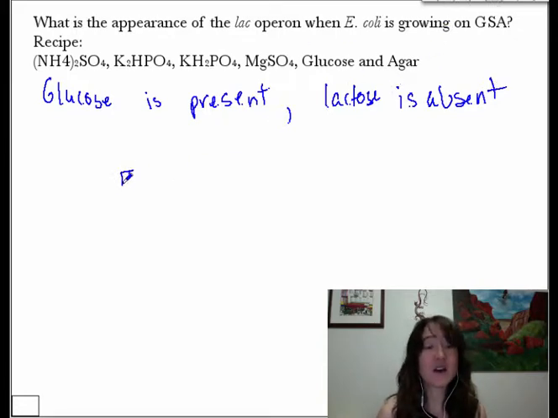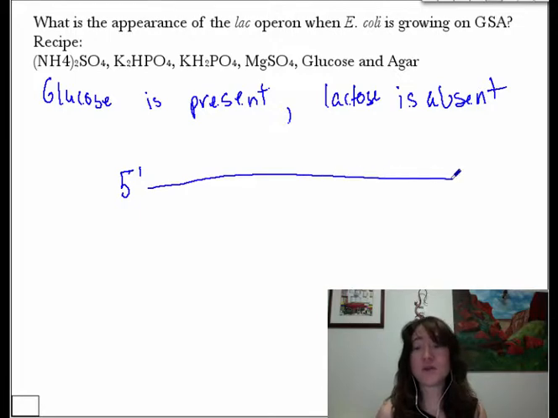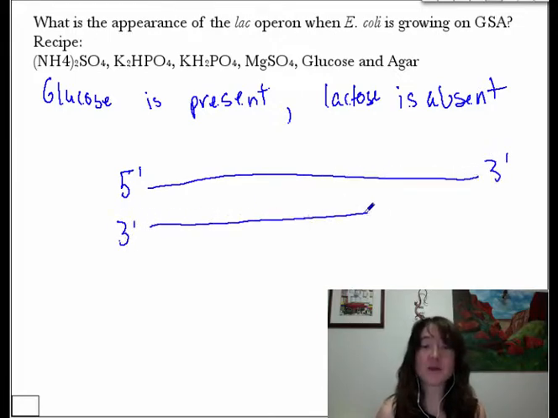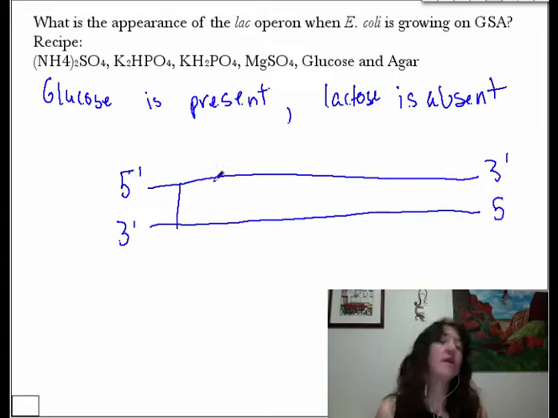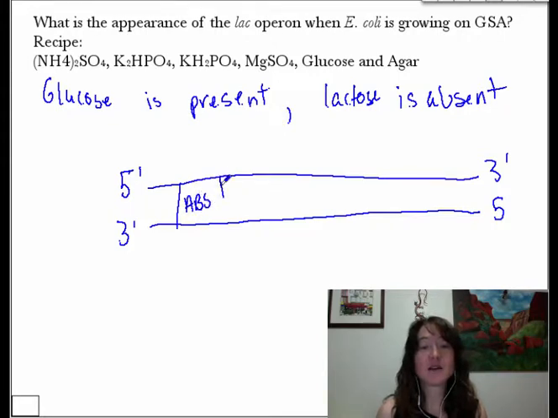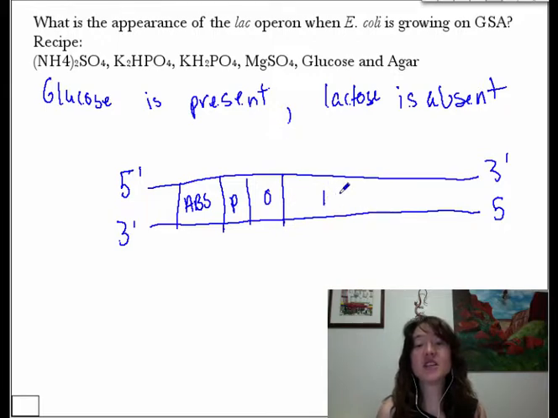So we have our 5' to 3' strand, our 3' to 5' strand. We have the activator binding site, the promoter, the operator, and genes 1, 2, and 3.